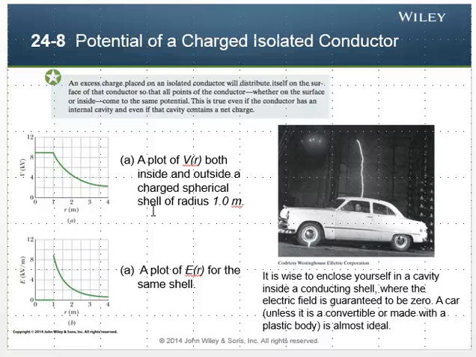So once you're inside a conductor, there's no electric field moving any charges around. The potential energy inside the conductor is all the same. Now that doesn't say anything about how high the table is, right? So it doesn't say what the potential energy is. It just says that the potential energy is the same all over the conductor.